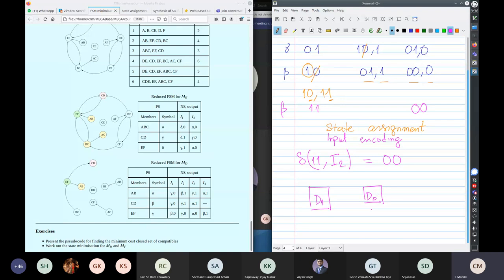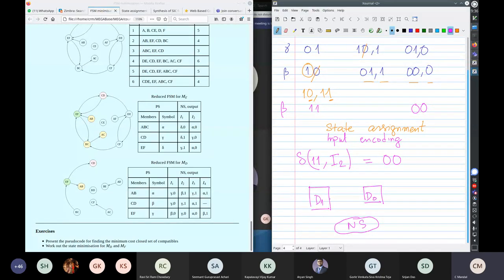D0 and D1, and then you have this, the next state function, all right?